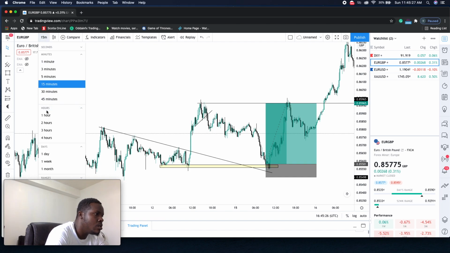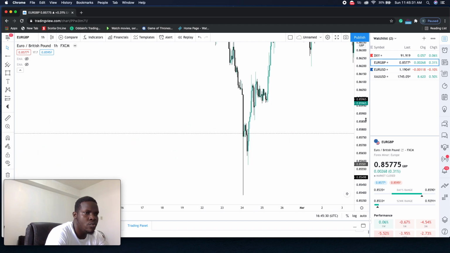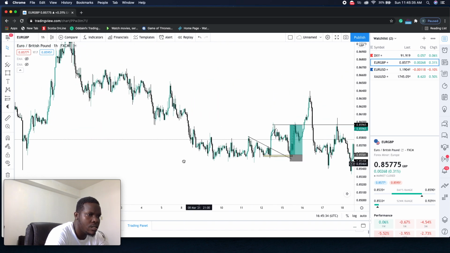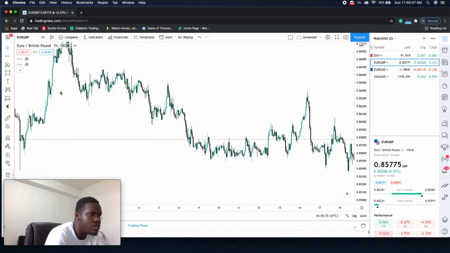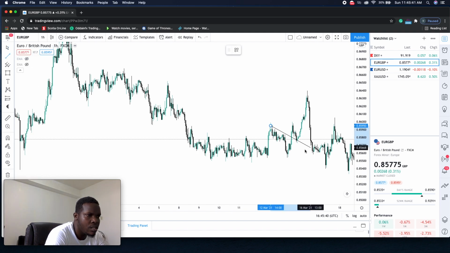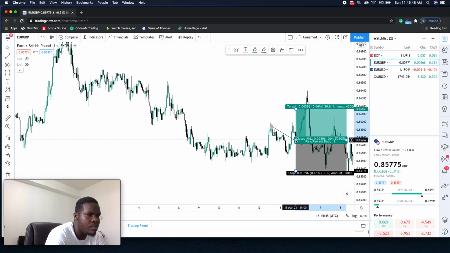For the signals group, I also caught some other moves on Euro GBP, let me show you guys. Let me delete this real quick. Yeah, so this was another move that I caught right here. This buy right here was a second buy for me.